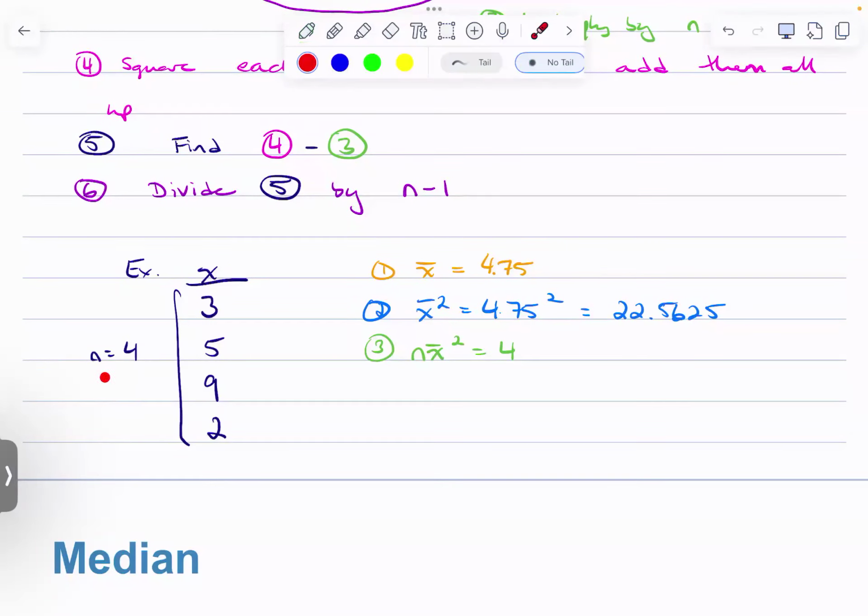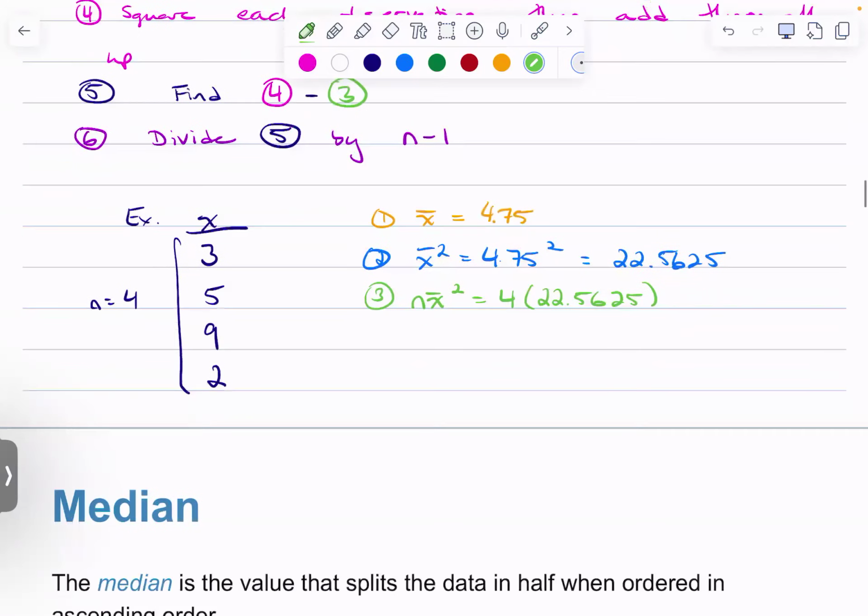That's why I made a note of what my n was. 4 times 22.5625, because I've already squared the x bar previously, which I get times 4. I get a nice and convenient 90.25.